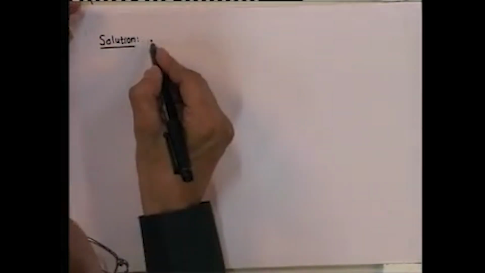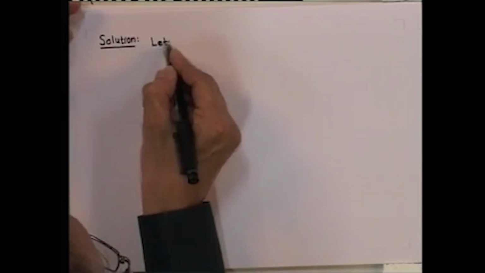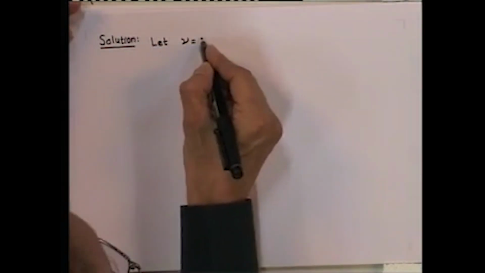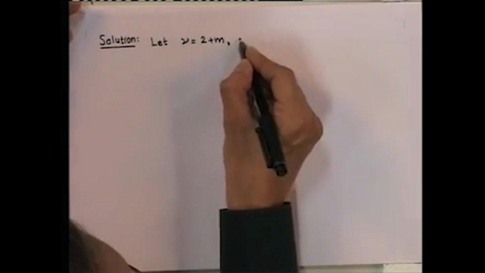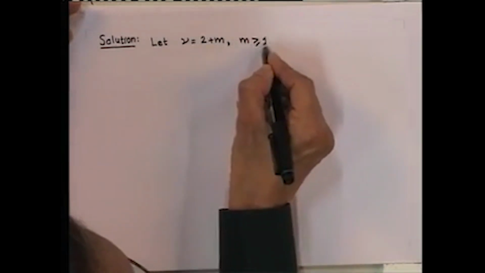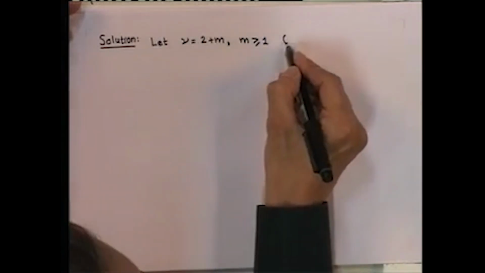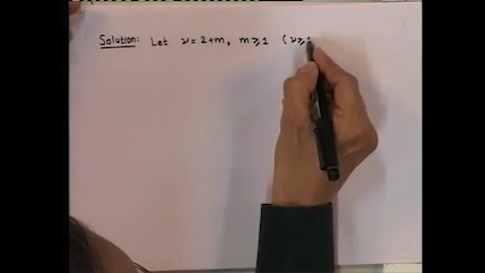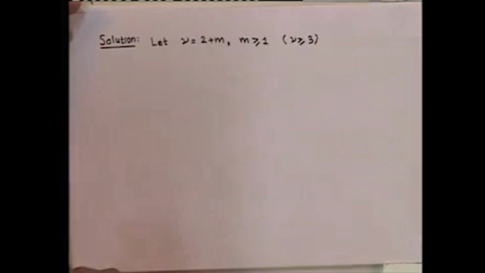So, let us assume nu equal to 2 plus m, where m is greater than or equal to 1, since we have been given that nu is greater than or equal to 3.